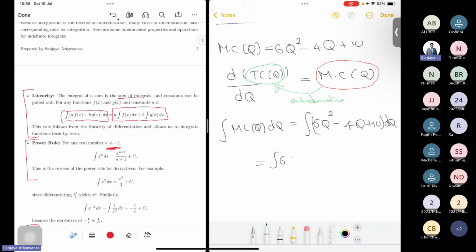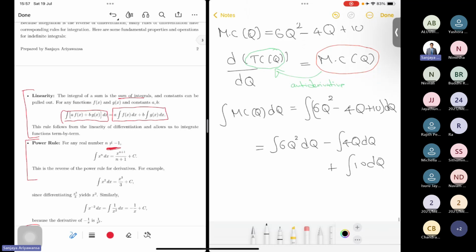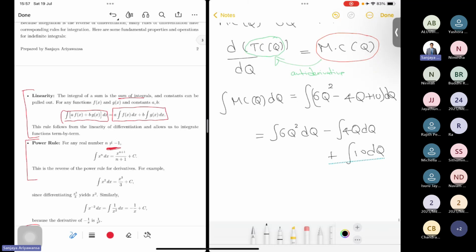Integrate 6q squared with respect to dq, minus integrate 4q with respect to dq, plus integrate 10 with respect to dq. I separated out the function. Now after separating it out, what can I do? I can take these constant values out of the integral: 6, 4 and 10.